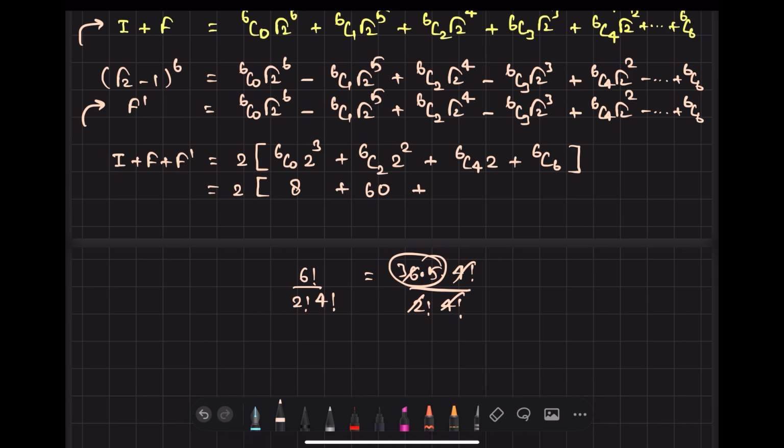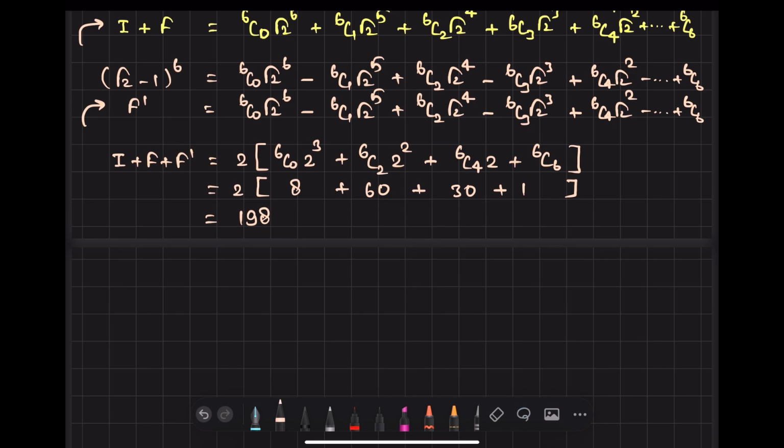Now 6C4 is 6 factorial by 4 factorial and 2 factorial. It is the same thing, so it is 15, and it will become 30. Now 6C6 is 1. Now look at this: 60, 30, 90, 99. So 2 times 99 is 198. Correct? I hope till this part you guys are comfortable.